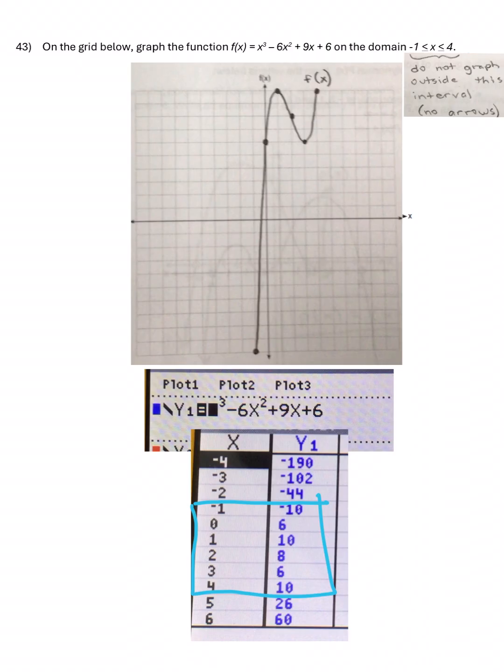Okay, so I would like you to write this here. Do not graph outside this interval. No arrows, okay? When they give you a domain to use, it means start here, stop here, and that's it. So this is really what your graph should look like, okay? And I took a picture of my paper. It's always a lot easier writing on paper, so I figured that came out a little neater, but that is what your graph should look like.